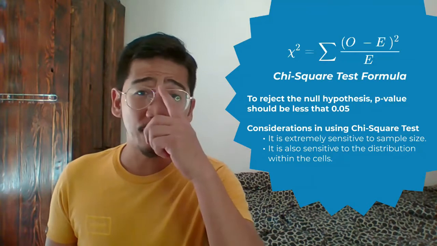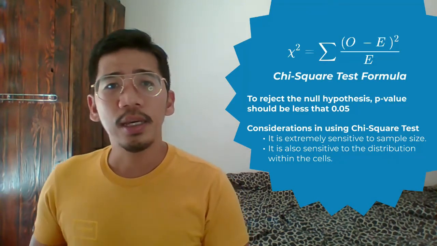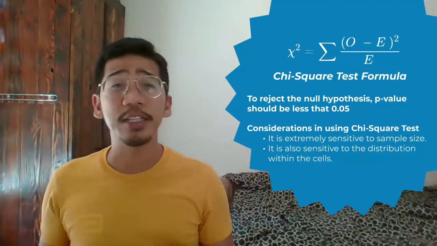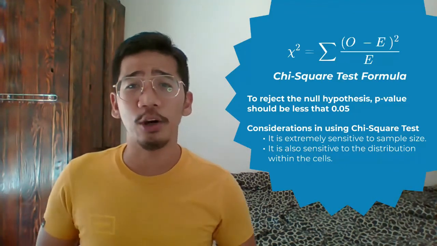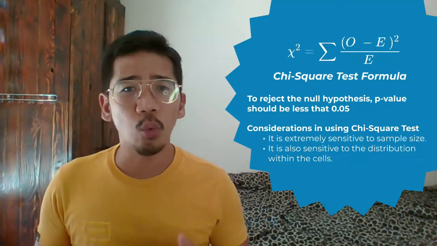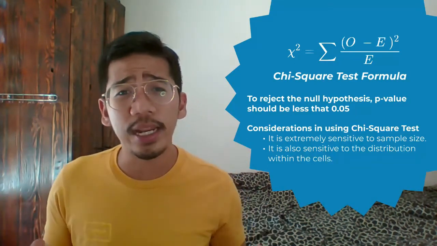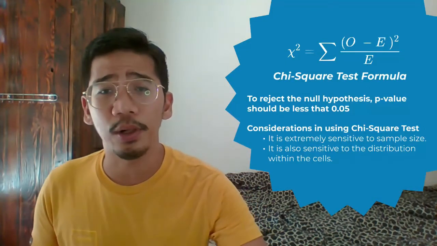As depicted in the formula, the chi-square statistic is based on the difference between what is actually observed in the data and what would be expected if there was truly no relationship between the variables.